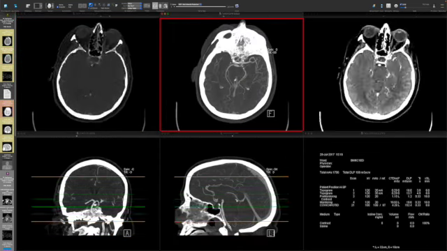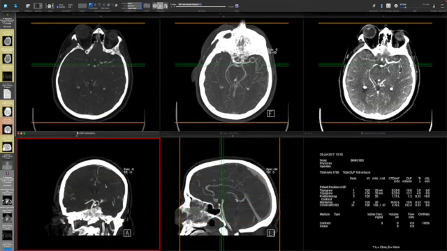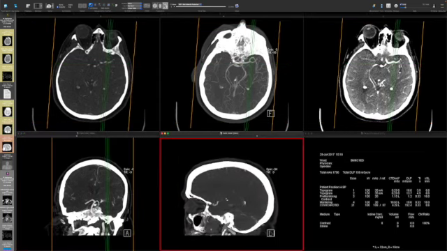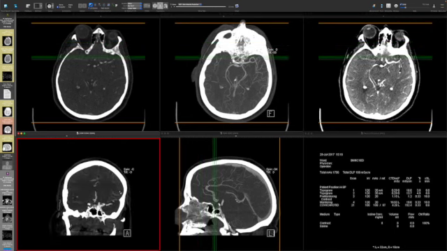And then we have some other axial sections. We have a thicker set of maximum intensity projection slices that basically show us a thicker slab of the vessels, and it lays the vessels out kind of nicely. We'll take a look at those. And then we have thin coronal and sagittal maximum intensity projection reconstructions of the vasculature.